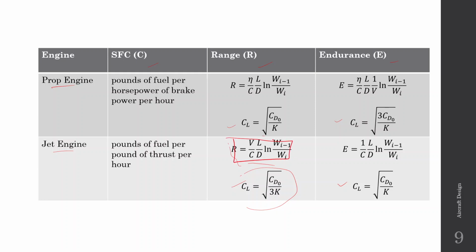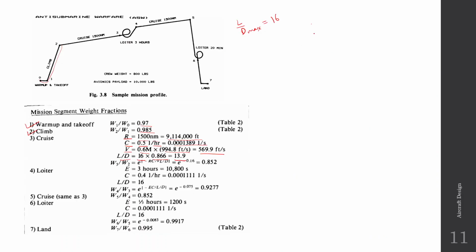This is the range formula, so you can invert it to get the weight fraction. Okay, then you put all these values and you will get the weight fraction as 0.852.